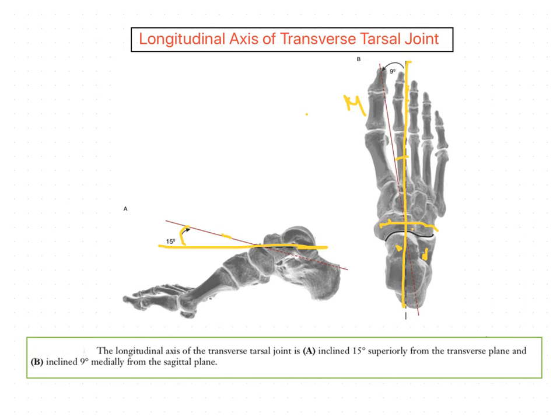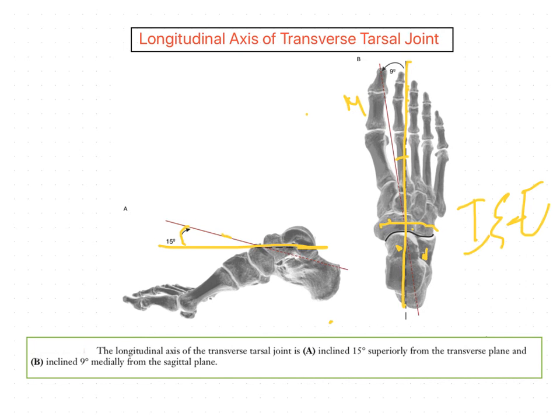Unlike the axis of the subtalar joint, the longitudinal axis of the transverse tarsal joint approaches a true AP axis, and so the inversion and eversion components of the transverse tarsal movement predominate.